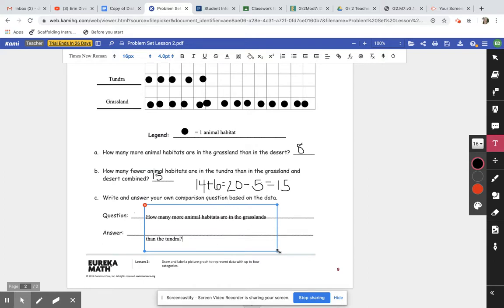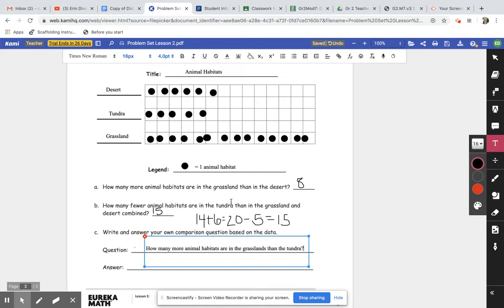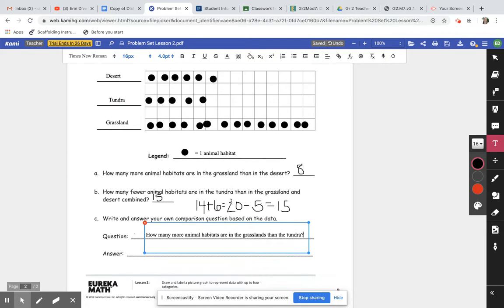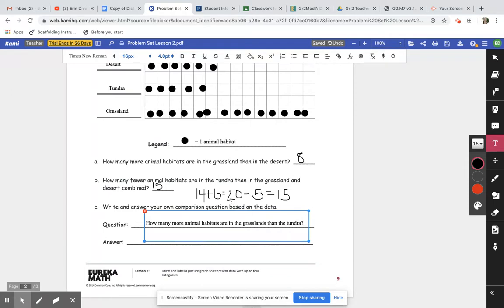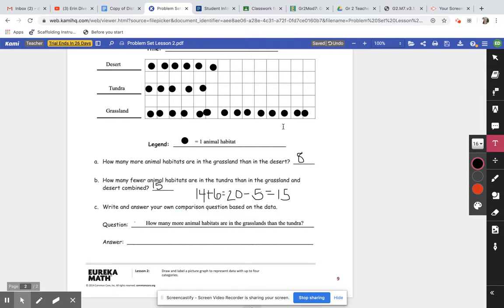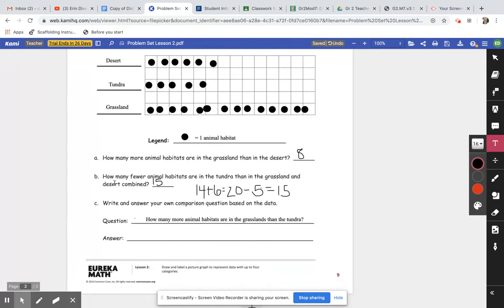Okay, and then we can look at our graph and we know that in the grasslands there are 14 and in the tundra there was 5. So that's going to be 14 minus 5. Well, we know up here 14 minus 6 gave us 8, so we know that that's going to be 1 more.